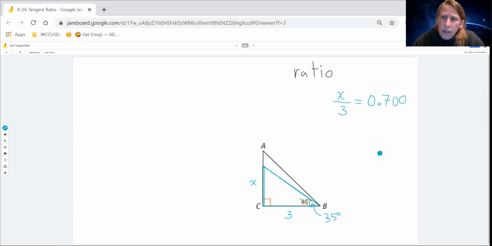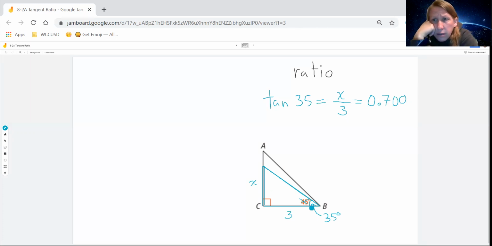And how did I know that? I know that because it's going to be less than 1. If it was equal to 1, then this would be 3 and this would be 3. It turns out that the tangent of a 35-degree angle is 0.7.